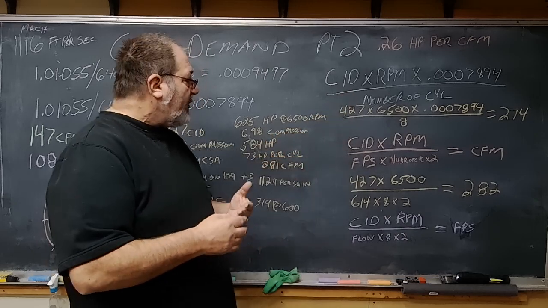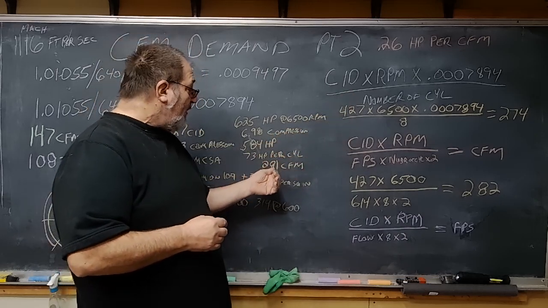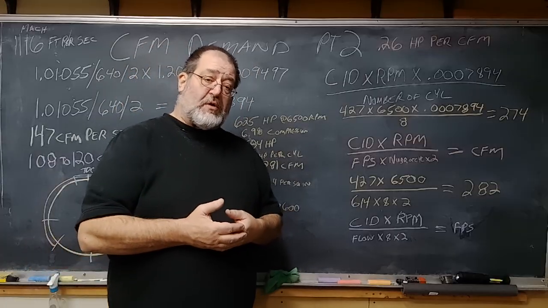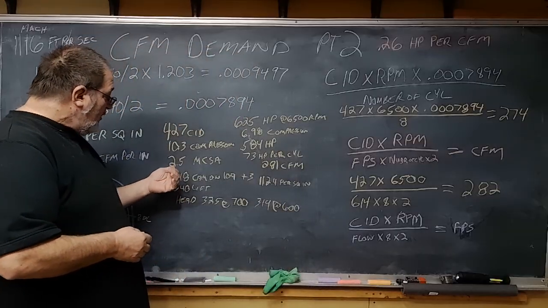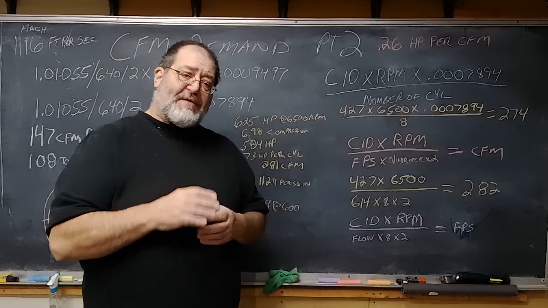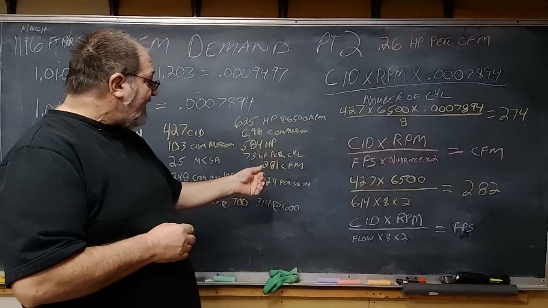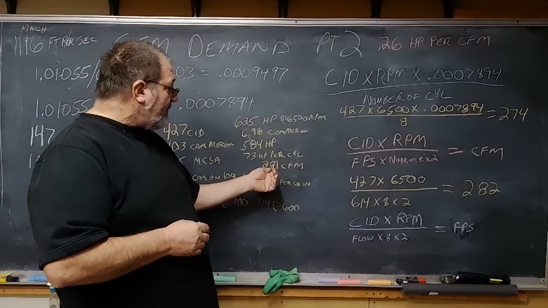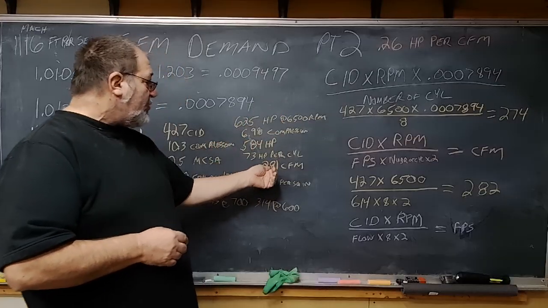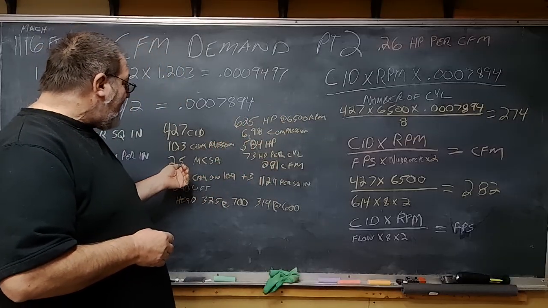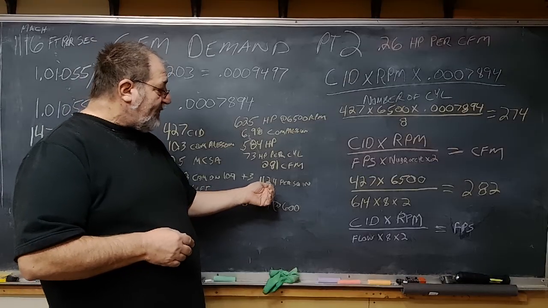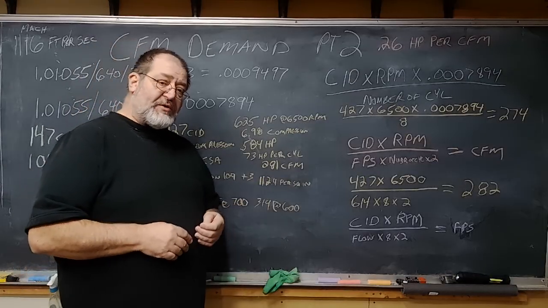So, in this case, one of the things that I look at is that minimal cross-sectional area. Now remember, this was 2.5 square inches. So if we take that 281 CFM that was from airflow, because we don't want compression in it, we just want the airflow, and we divide that by 2.5, that comes out to 112.4 CFM per square inch.